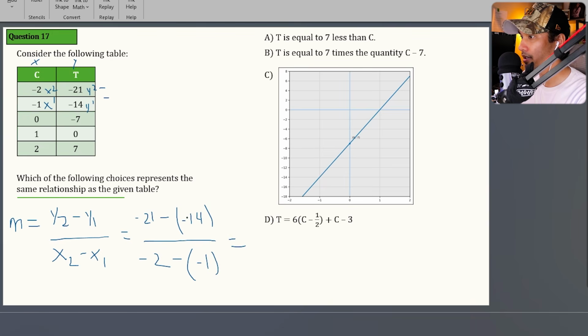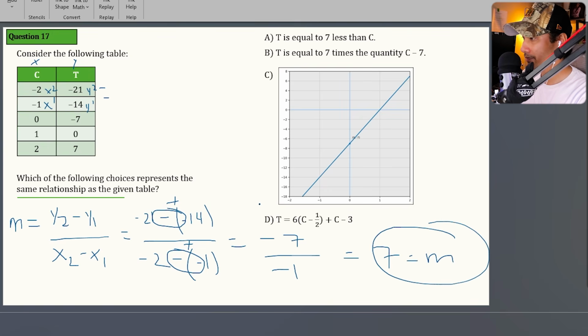So -21 plus 14 equals -7 over -2 plus 1 is -1, equals -7 over -1 equals 7. So our slope is 7. So we found our slope.